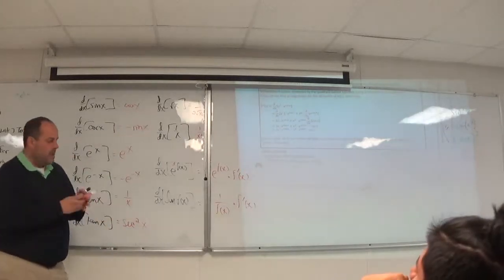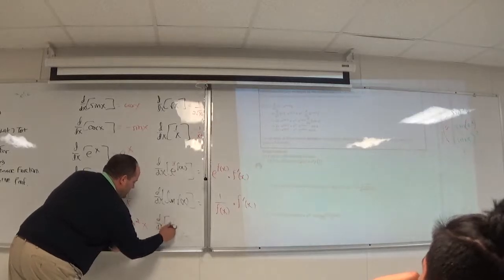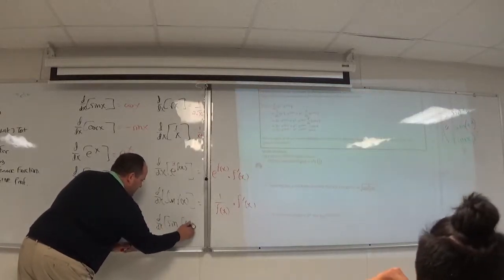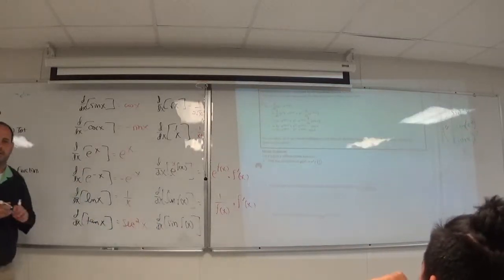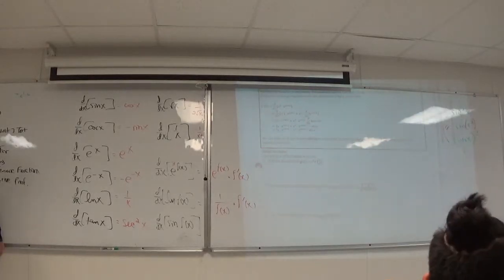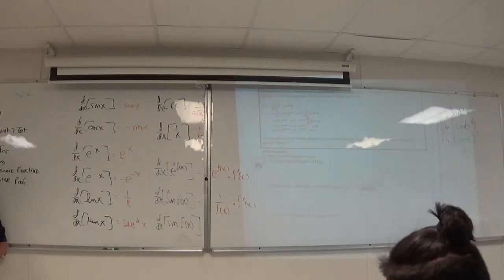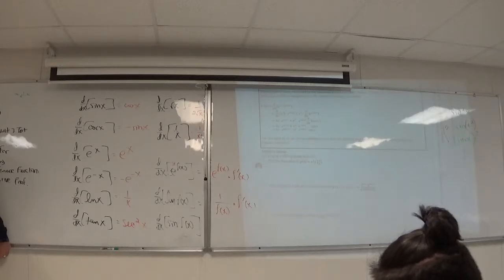Everybody okay? Yes. All right, one more, and then you guys are going to get some practice. Derivative of sine of f of x. Raise your hand when you get it. Derivative of sine of f of x. 1, 2, 3, 4, 5, 6. Holding at 6.